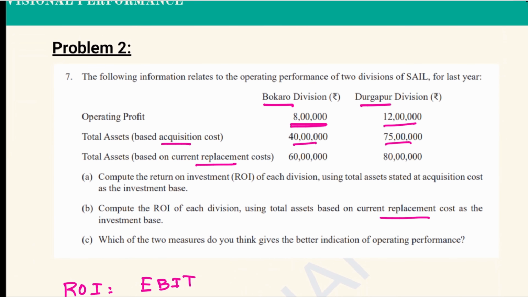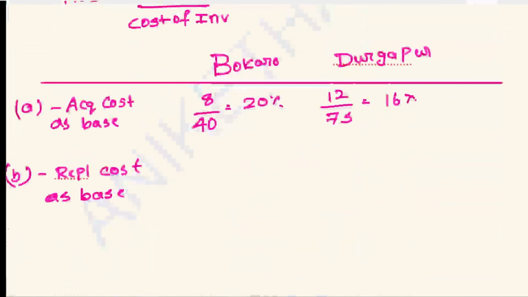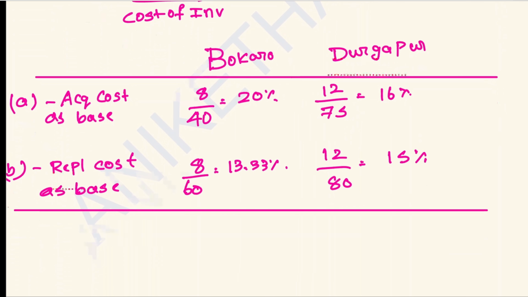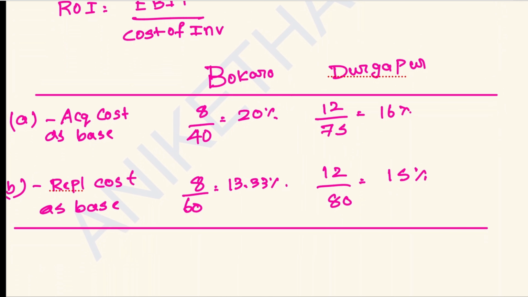Numerator remains 8 lakh and 12 lakh, but the denominator changes to 60 and 80 lakh. So 8 over 60, then 12 over 80. So I get 13.33% and 15%. So this is my basic calculation.